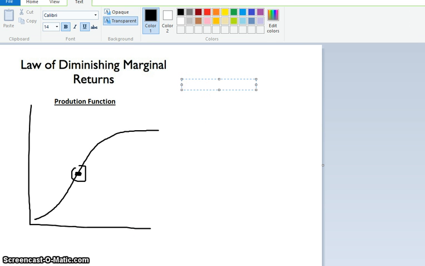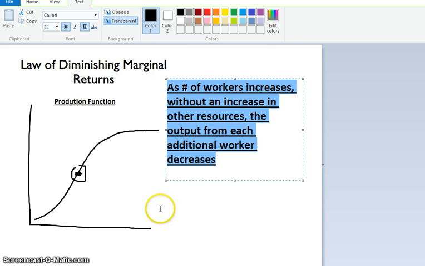And I'm going to write it in so you guys don't have to watch me struggle along with it. So here it is in layman's terms, associated with the example that I gave you from class. As our number of workers increases, and notice again without any increase in other resources, the output from each additional worker decreases or diminishes, hence the law of diminishing marginal returns.